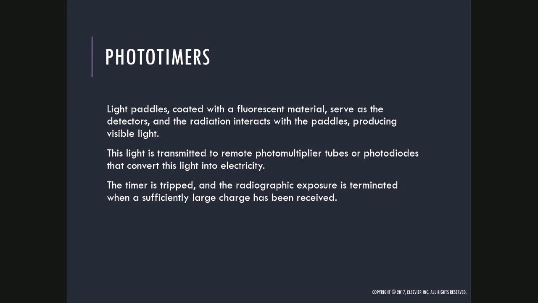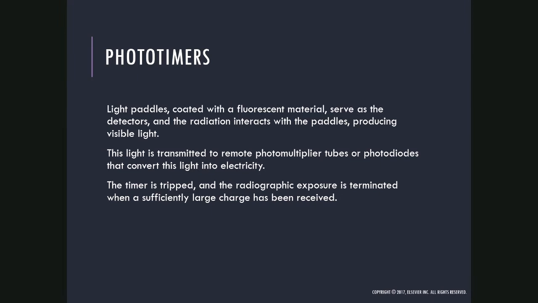But phototimers are a type of radiation detector that is placed behind the image receptor. So it's underneath the bucky, and it's coated with a fluorescent material. Remember from your Unit 1 that X-rays can cause certain materials to fluoresce or give off light.